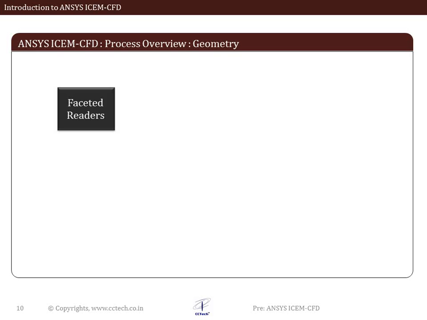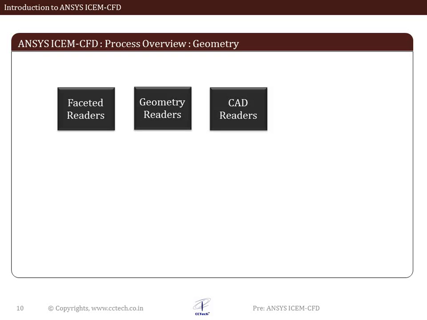If the model is available in faceted or triangulated format, using the faceted data reader, the data can be imported in ICEMCFD. There are various geometry and CAD readers or translators which can import the geometry present in neutral file formats like IGS or STEP. In most of the cases, translation operation causes data loss and asks for CAD repair before meshing. Along with the above methods, it is always possible to use direct CAD interfaces to input the geometry in ICEMCFD.